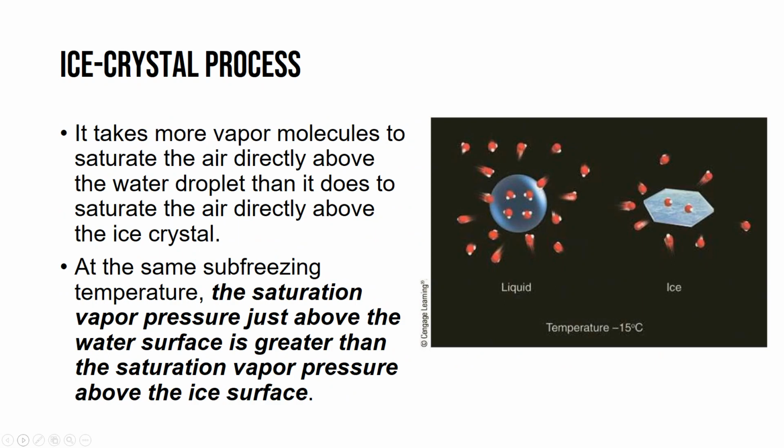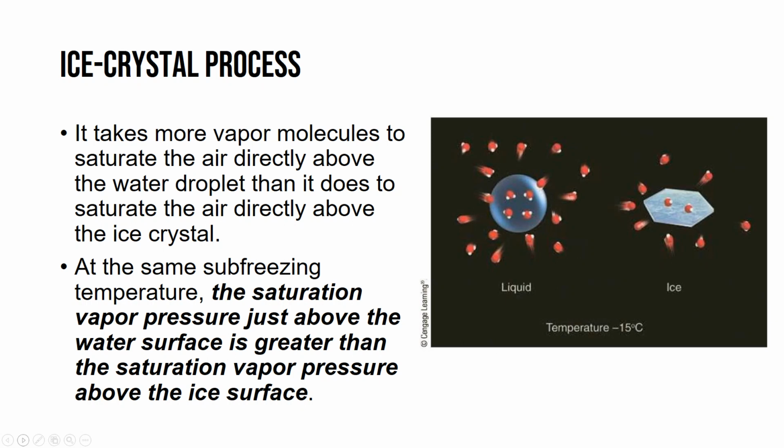It takes more vapor molecules to saturate the air directly above the water droplet than it does to saturate the air directly above the ice crystal. So since it is in equilibrium, whatever is leaving should be replaced.